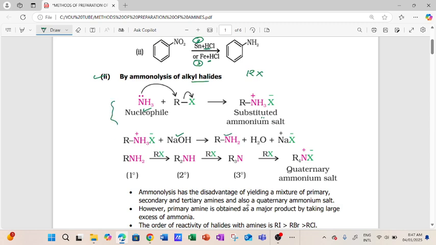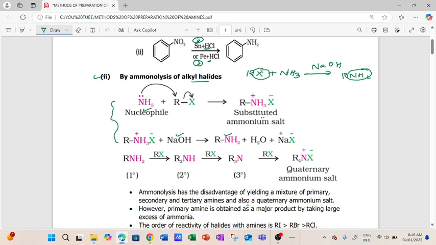So instead of studying this two-step reaction, you can study it like this: RX on ammonolysis, add ammonia, over the arrow mark NaOH. This is how we can combine these two reactions. We get RNH2. Here the halogen X is replaced by NH2, conversion of an alkyl halide to alkyl amine.